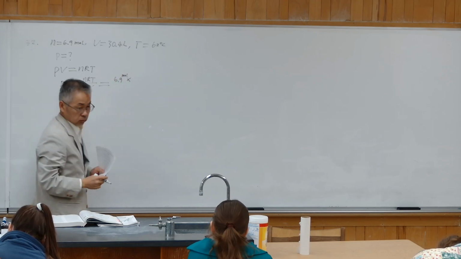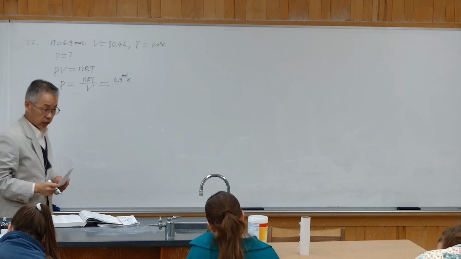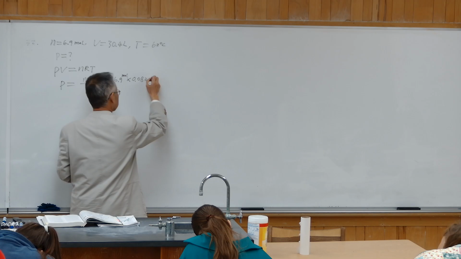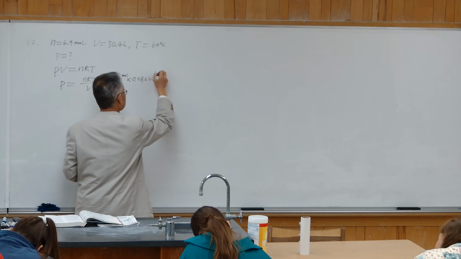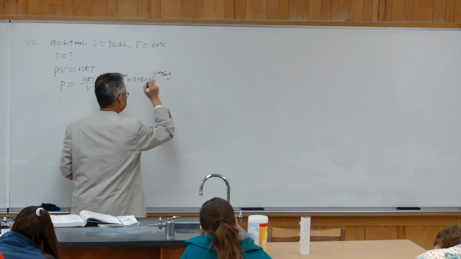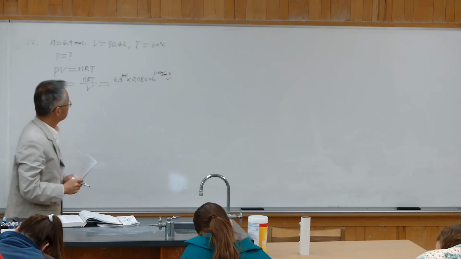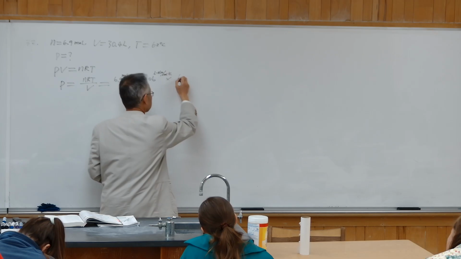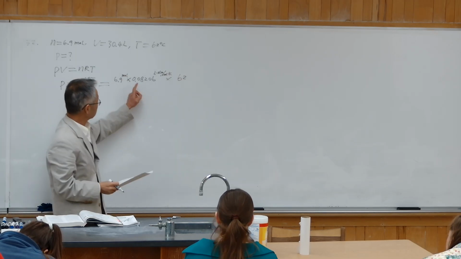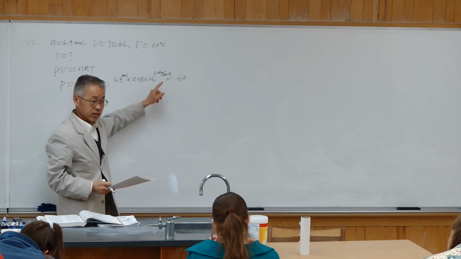R I will provide you during the quiz or test. So the gas constant 0.08206 liter ATM per mole per K, times T. Can we use 62 directly? No, because this R is per mole per K. This is Kelvin.